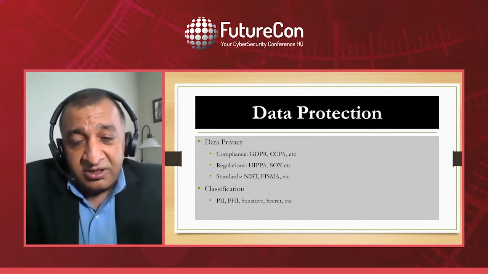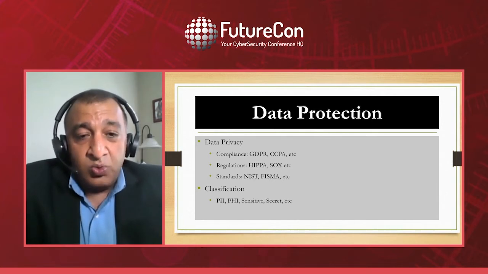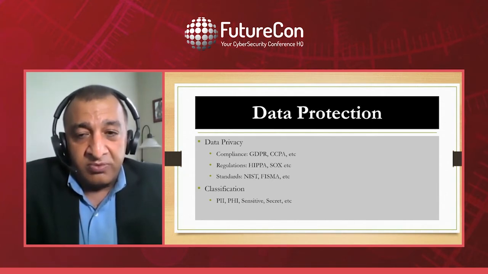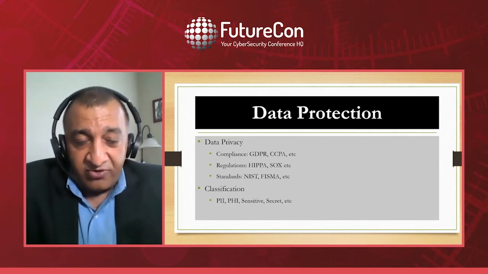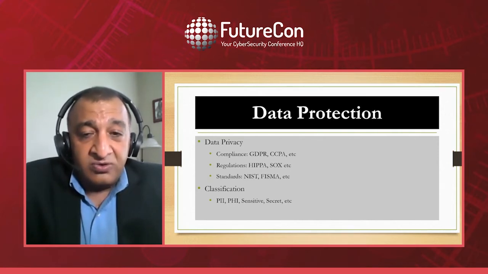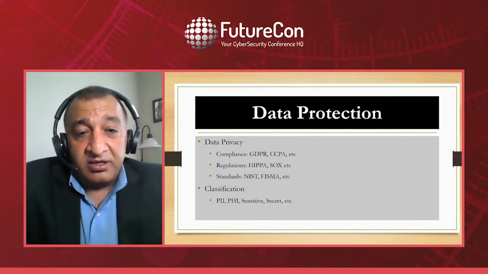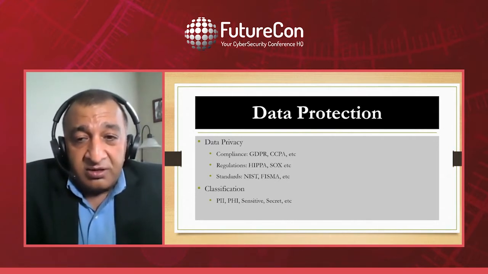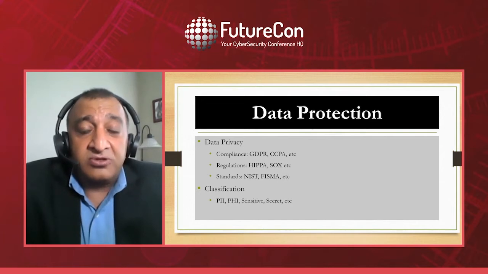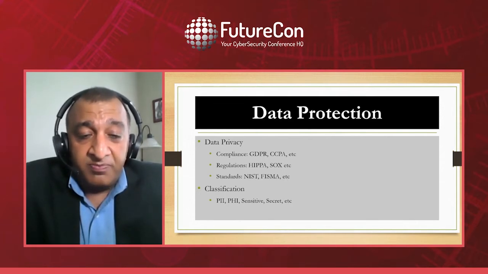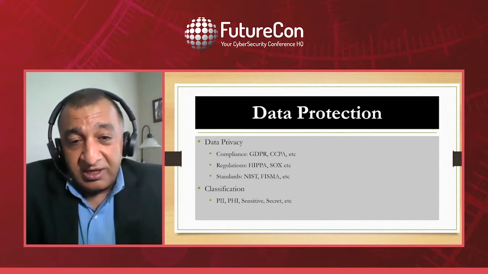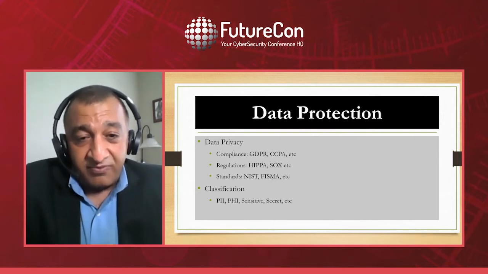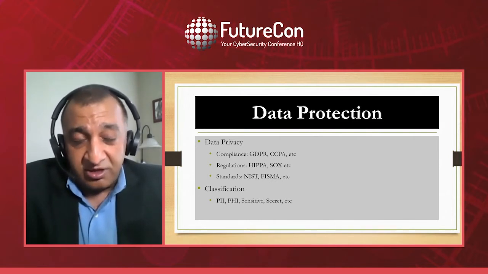The next thing is, once you know what regulations and standards you're following, you need to be able to define classification levels. There is PII, PHI, right? PHI has 29 to 30 elements. Can all elements be considered in the same classification level, sensitive, secret, right?